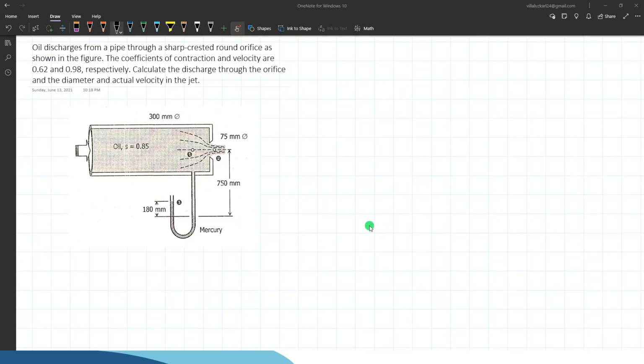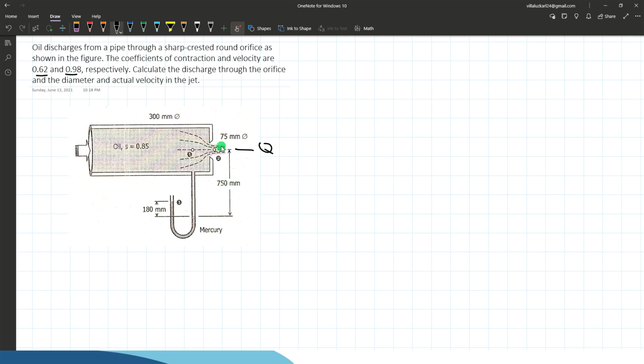Next example. Oil discharges from a pipe through a sharp-crested round orifice as shown. The coefficients of contraction Cc and Cv are 0.62 and 0.68. Calculate the discharge through the orifice, the diameter, and the actual velocity in the jet.